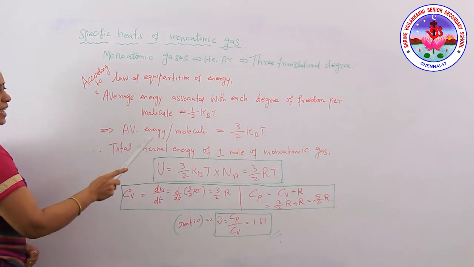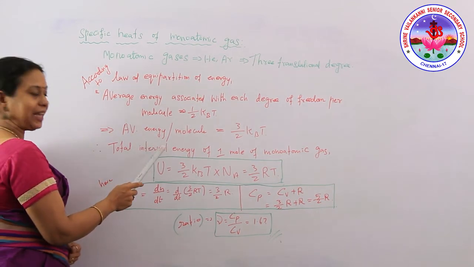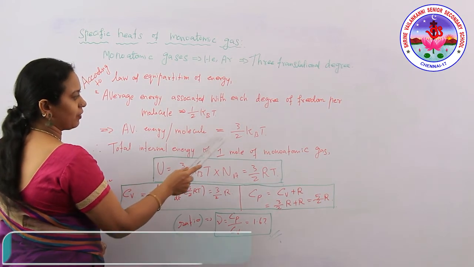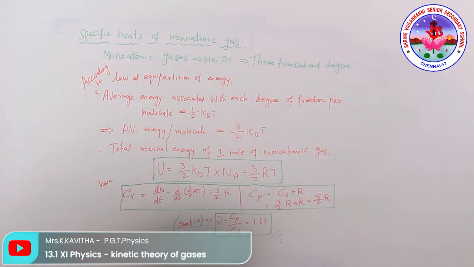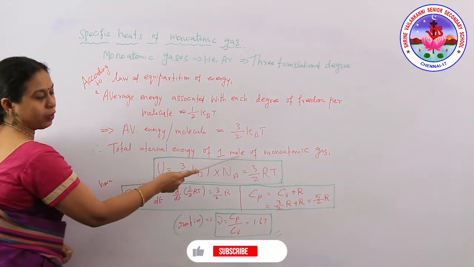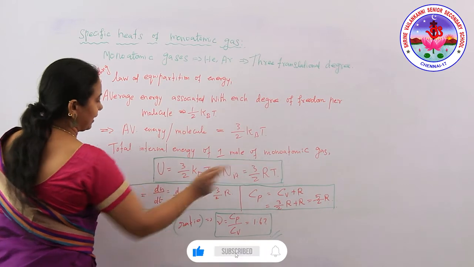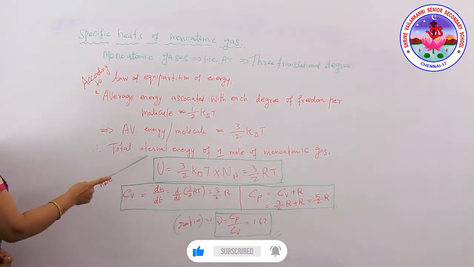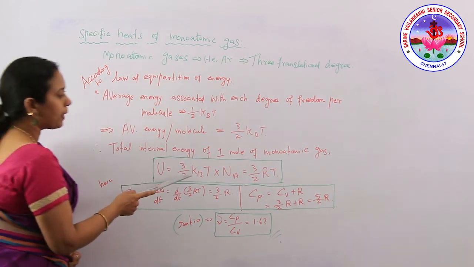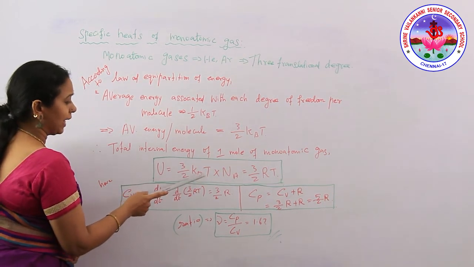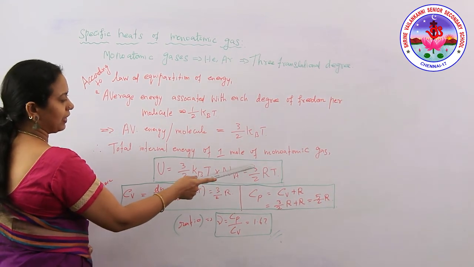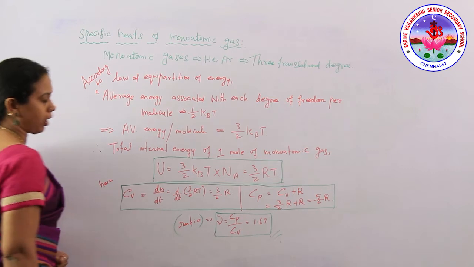So for 3 degrees of freedom it is 3/2 kBT. So the total internal energy U of 1 mole of a monatomic gas is 3/2 kBT into Na, which simplifies to 3/2 RT.